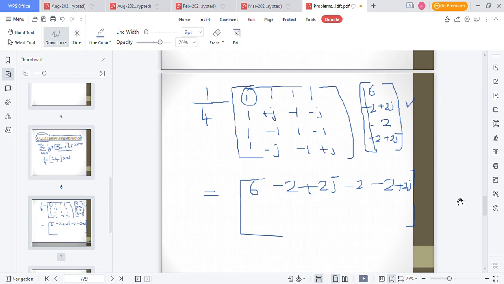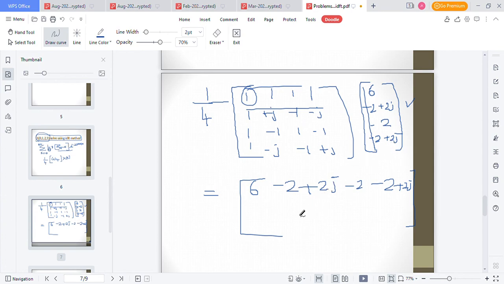Now what you're supposed to do is multiply all others like this: 1 into this 6, 1 into this 6, plus j into minus 2 plus 2j, minus 1 into 2, and minus j into 2 minus 2, plus 2j.